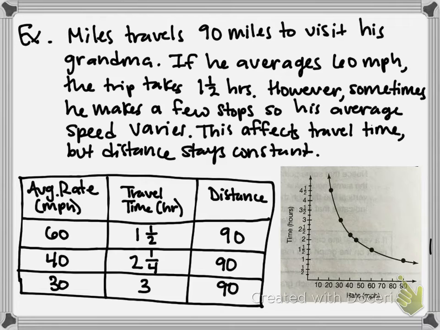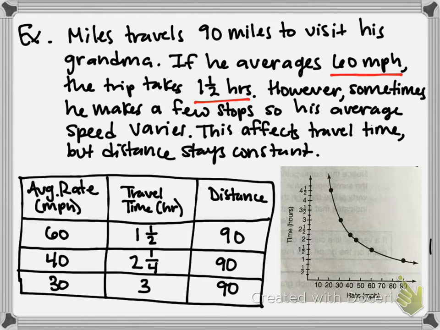All right, let's look at an example of inverse variation. Miles travels 90 miles to visit his grandma. If he averages 60 miles per hour, the trip takes 1.5 hours. However, sometimes he makes a few stops, so his average speed varies. This affects travel time, but distance stays constant.